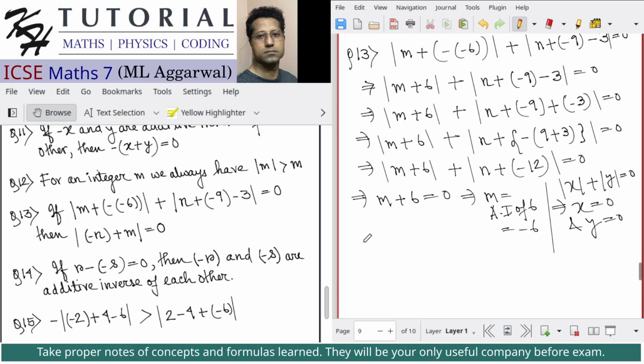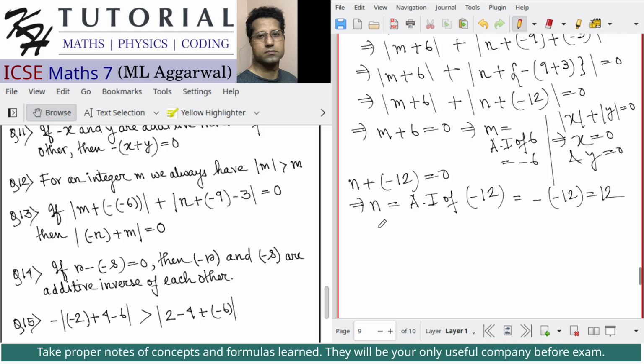Also we will have n plus minus 12 is equal to 0. So n will be equal to the additive inverse of minus 12, which is negative of minus 12, which is equal to 12. So n is equal to 12 and m is equal to minus 6.